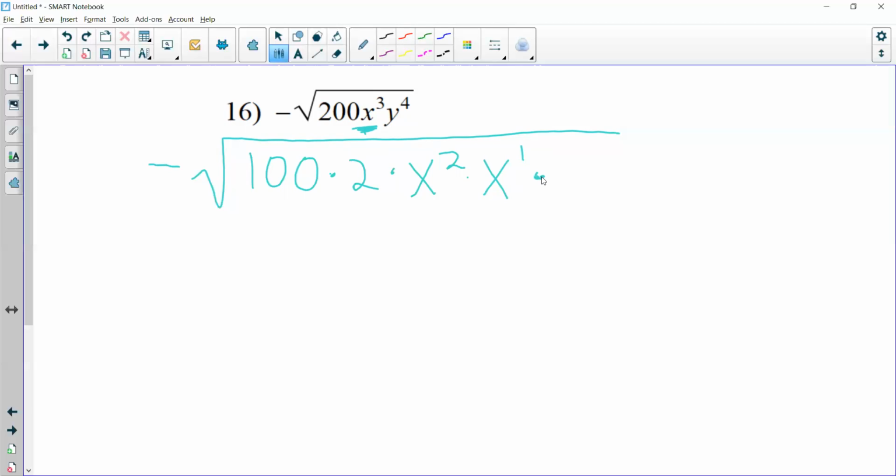Then I will get, that's supposed to be times, y squared squared. And that's y to the 4th. So now I have a perfect square in 100, x squared, and y squared squared. Each one of these will come out of the radical.